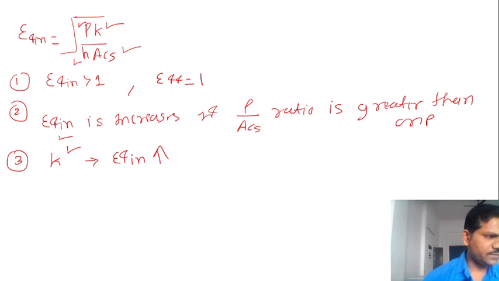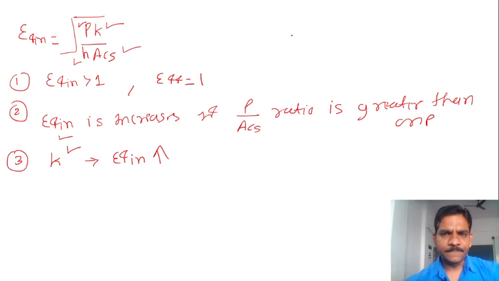I write down here. If the ratio of perimeter and cross sectional area increases, then effectiveness of the fin also improves. So due to this reason, thin and closely spaced fins are preferred. The lower limit on the distance between two adjacent fins is governed by the thickness of the boundary layer developed on the surface of the fins.